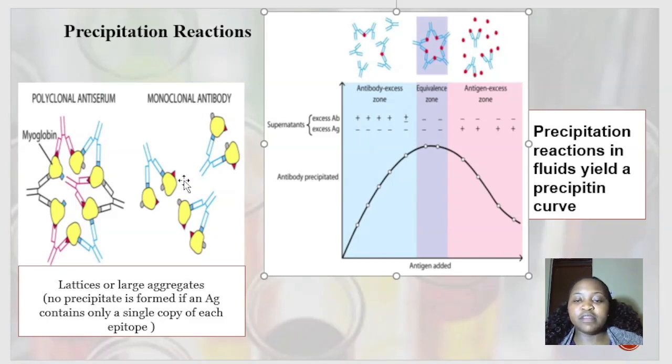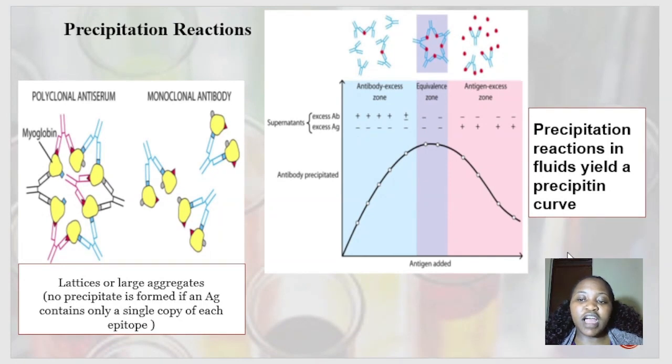to form a precipitate. We normally have what we call a precipitation curve, or precipitin curve, because when we start this antigen-antibody reaction, we can observe the precipitate formation. When we are beginning, we have an antibody excess, a lot of antibodies.